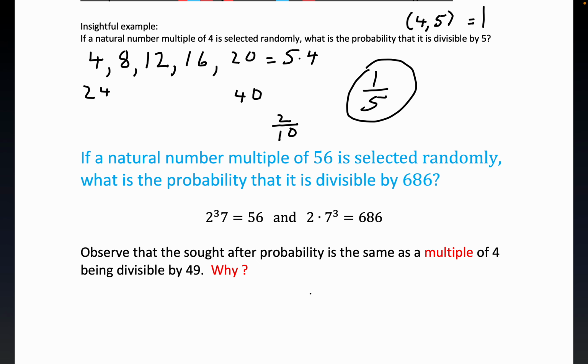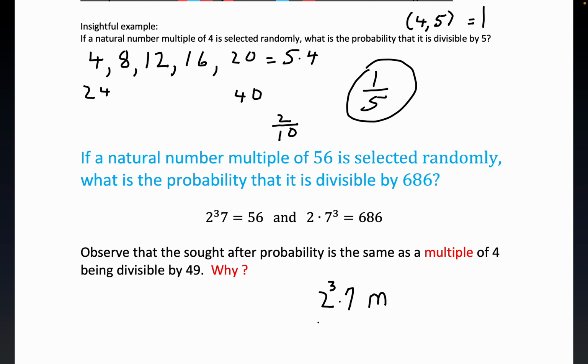But notice what we're really asking here is 2 cubed times 7 times m. Let me put a dot right there. So that's what we mean by a multiple of 56, and it's useful to leave this in its prime factorization.